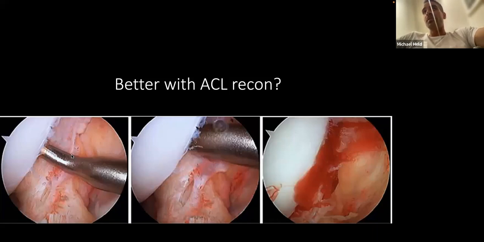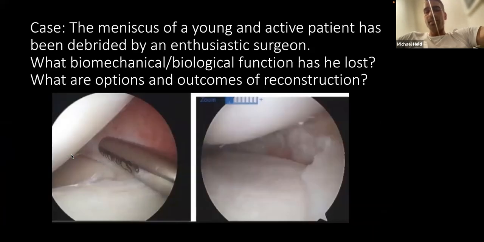All of these are expensive and time-intensive techniques, but an easy technique is what you're doing here. So obviously, if you do an ACL reconstruction, it's better healing because there's inherently some bleeding in the joint that attracts some growth factors. Okay, Peter, this is a patient now here.